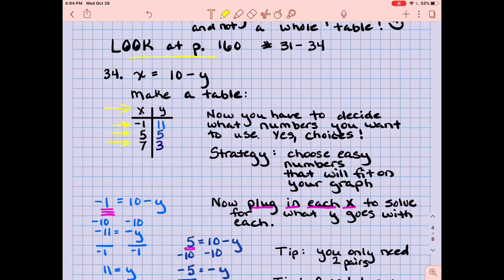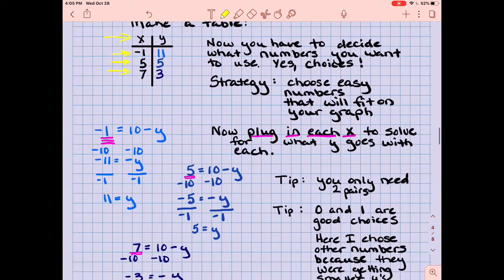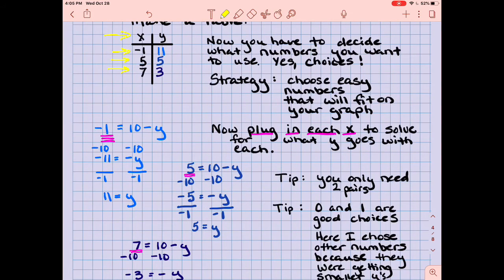In this case, I started with -1 just for kicks, and I plugged that in here. And what I ended up with after I solved this, subtracting 10 from both sides, get a -11 equals -y, and then we didn't want -y, so we had to deal with that, and we end up with 11 equals y. Well, that's even pretty big for my simple little graphs.